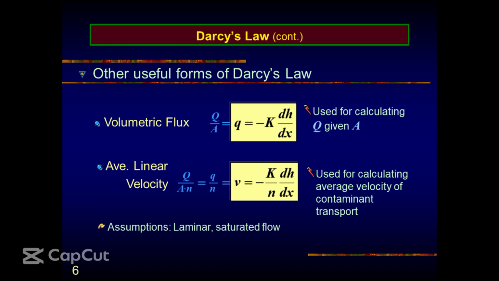But direction comes in when you're talking about flux, the mass flowing per unit cross-sectional area per unit time. That is a vector quantity, because the cross-sectional area has to be perpendicular to the flow path, and the flux has to be in the same direction as the velocity of flow.